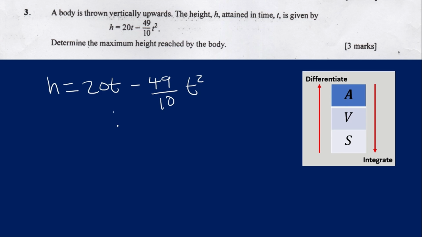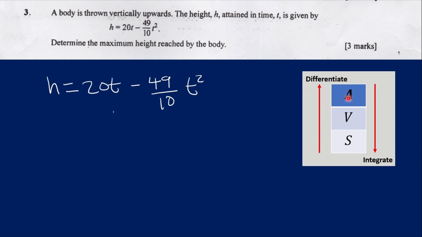Now, velocity, acceleration, and distance are all related through differentiation and integration in calculus. So looking at this diagram, if you have distance and you want velocity, you differentiate distance, you get velocity. And if you differentiate velocity, you get acceleration. So moving up, you differentiate.